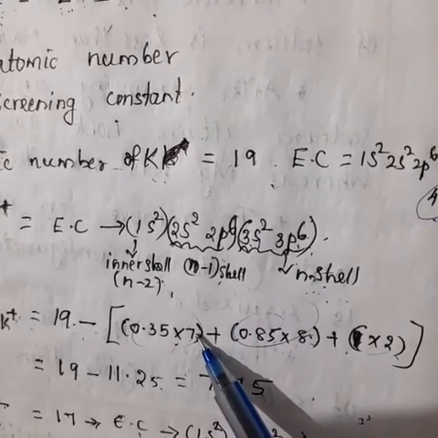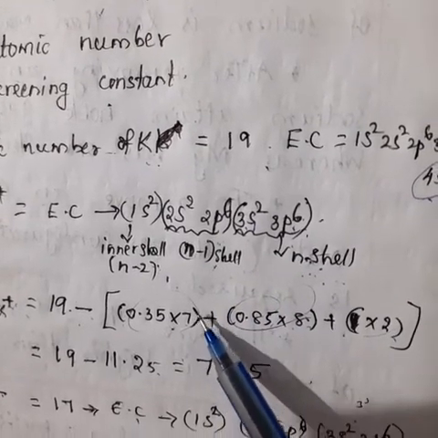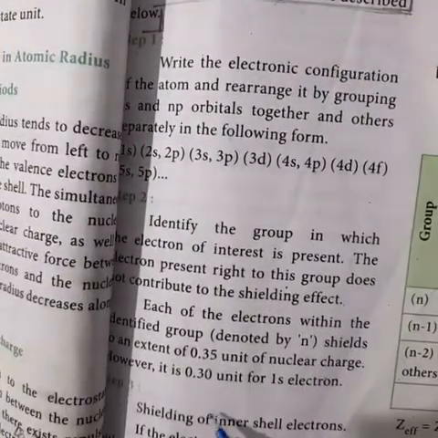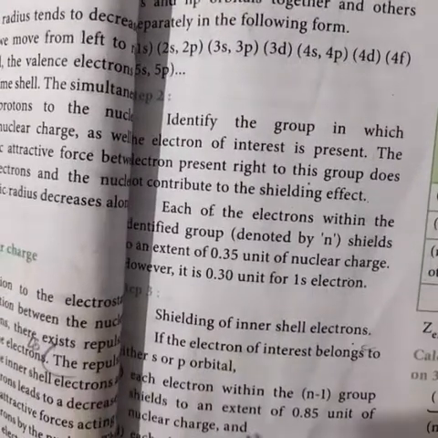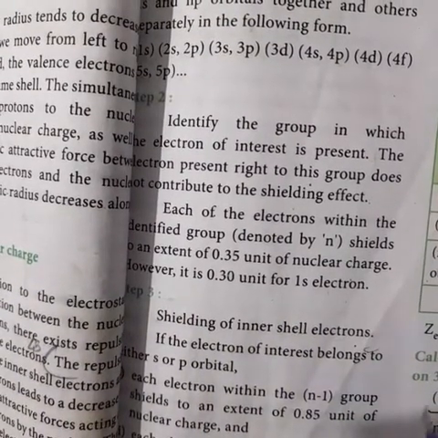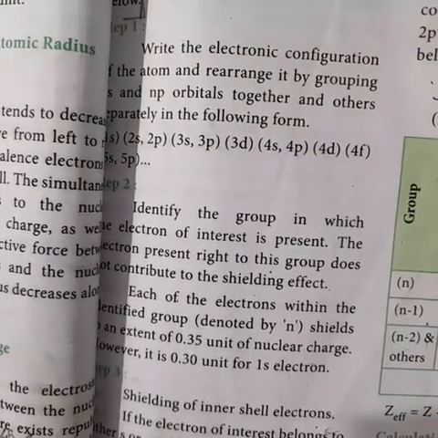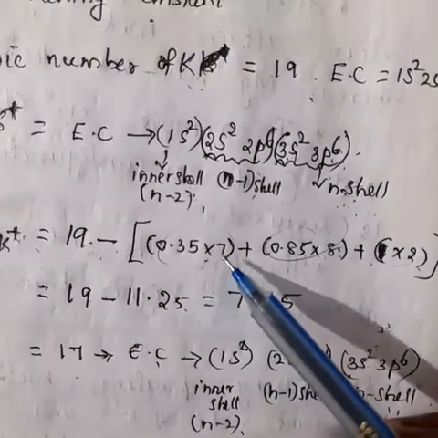These are Slater's rules. We already studied this. So when we are considering the n shell, we should subtract 1 electron from the total number of electrons. The n shell has 8 electrons in total, and we subtract 1 electron from the last orbit. So 8 minus 1, 7, plus.